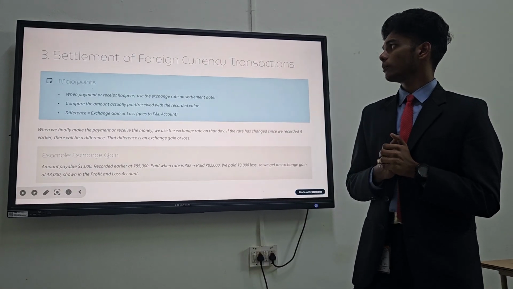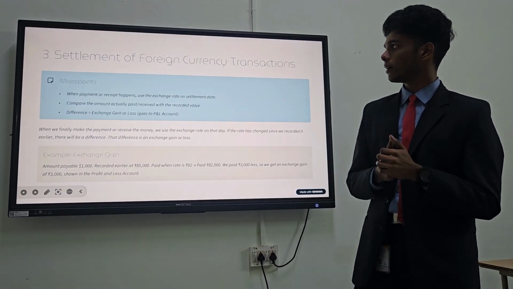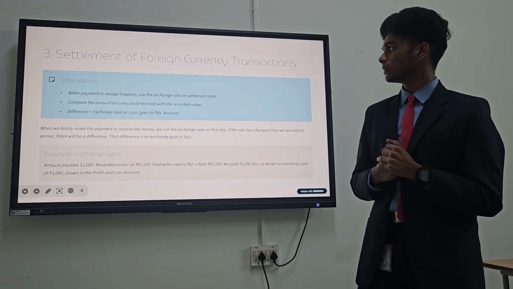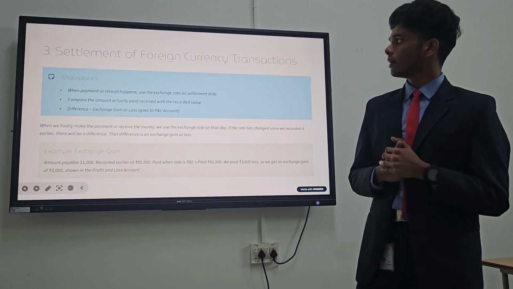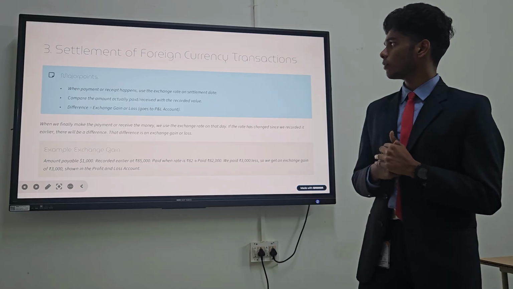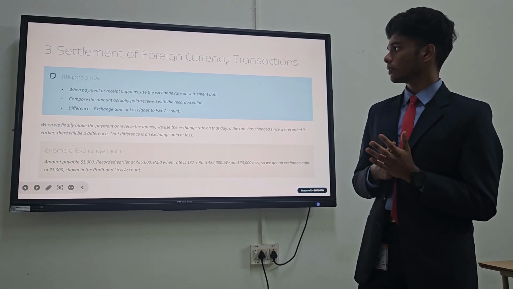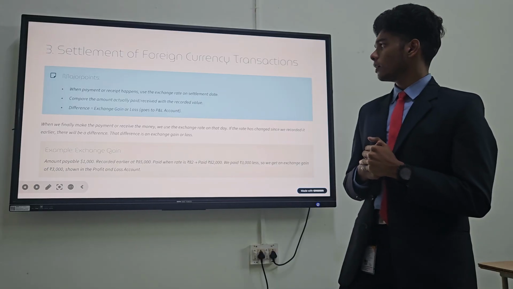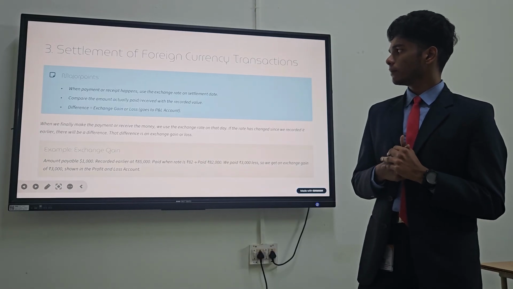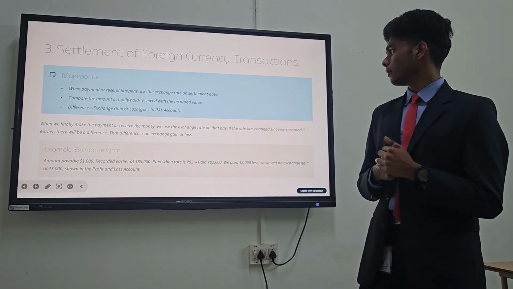Settlement of foreign currency transaction. Major point: exchange gain or loss goes to the profit and loss account. When we finally make the payment or receive the money, we use the exchange rate on that date.